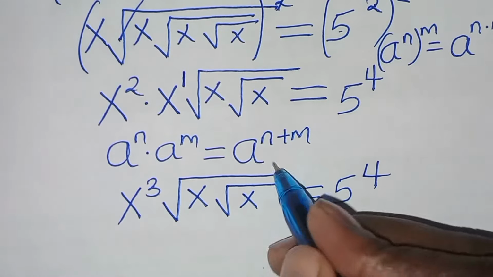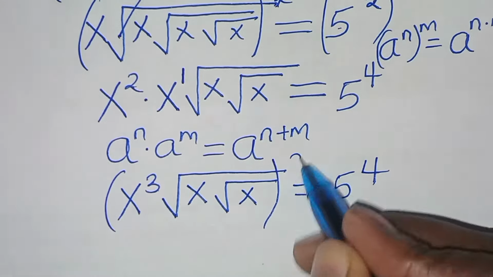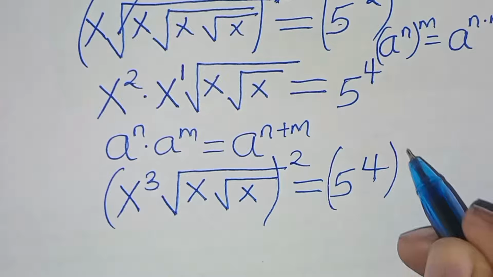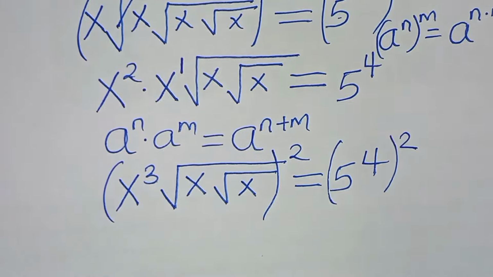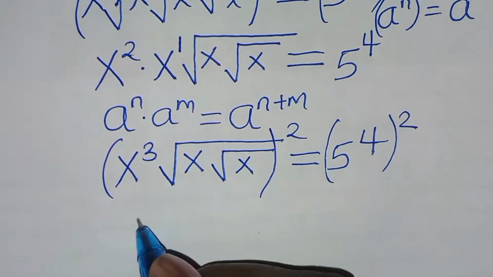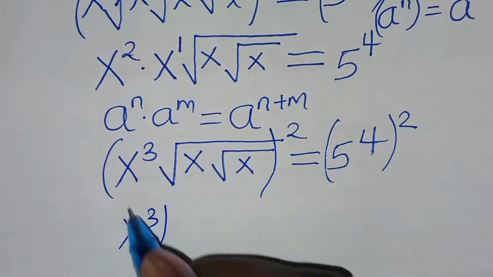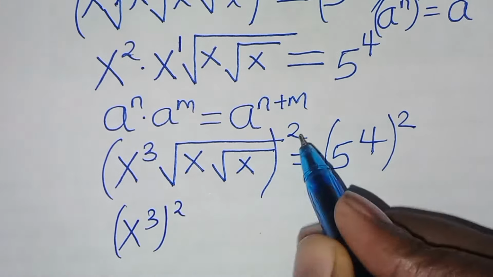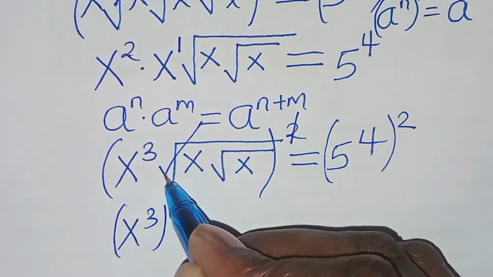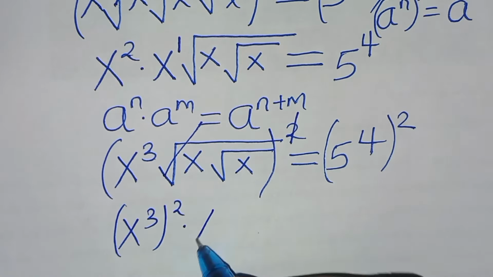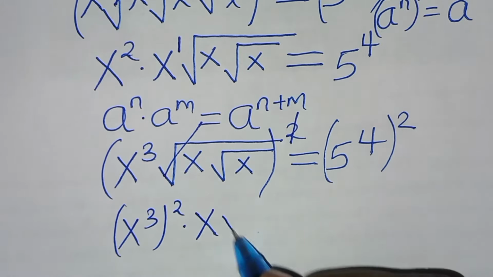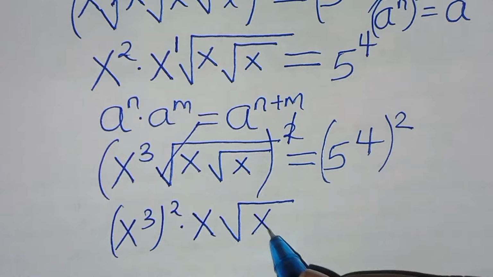So the next step here is to square both sides. Let's square both sides. So here we'll have x to power 3 raised to power 2. Then we eliminate the second square root sign, so times x. Then multiplying by the square root of x.